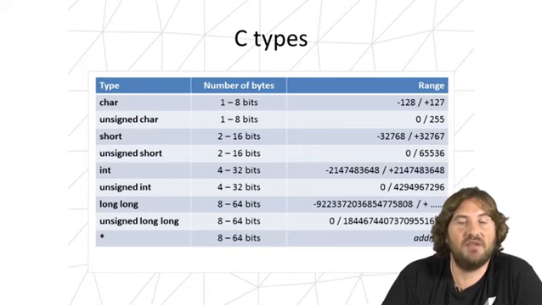Then you have what we call a short, which is 2 bytes, out of 16 bits, which will allow us to represent from -32,000 up to +32,000. You also have the unsigned short, skipping a few details. You have the int, which is on 4 bytes, and it generally is the data structure we use the most because it allows us to do most processes.